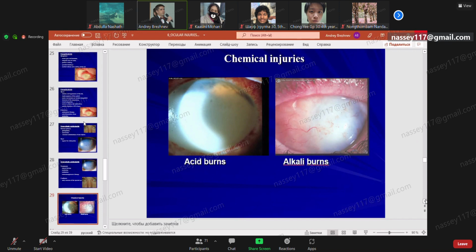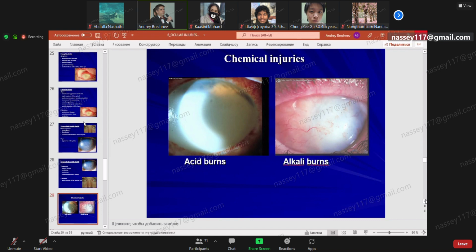Acid burns cause their maximum damage within the first few minutes to hours, and are less progressive and less penetrating. Acid precipitates tissue proteins that rapidly set up a barrier against deep penetration by chemicals.